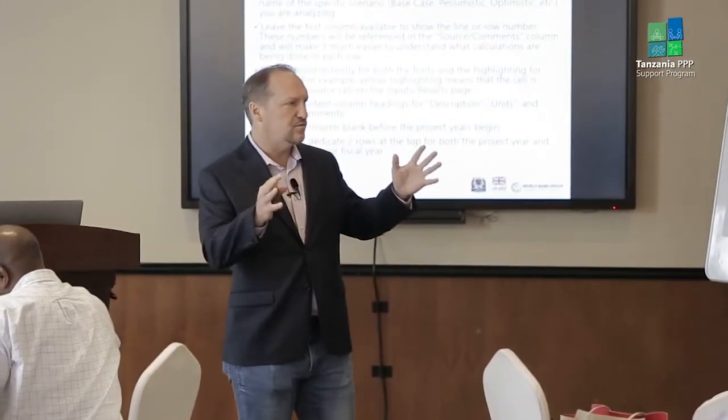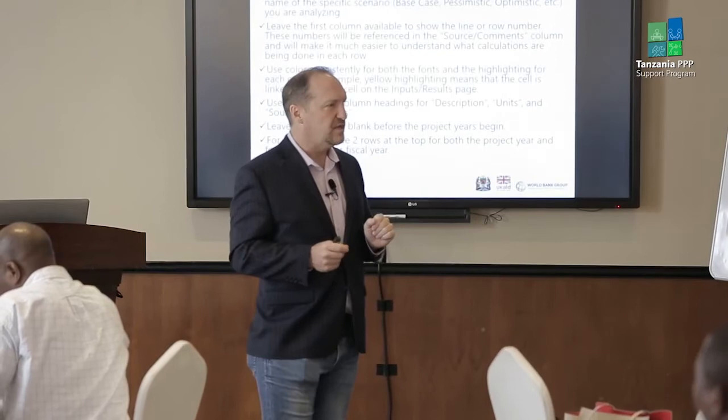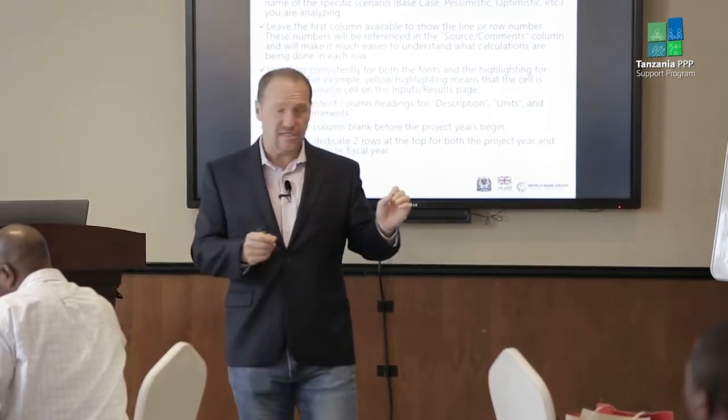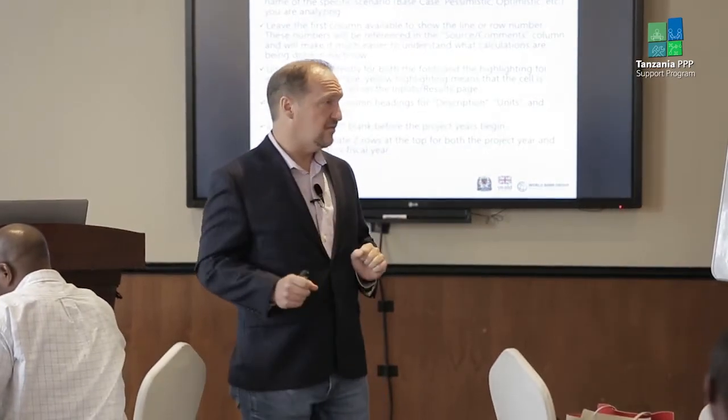I would say also, leave a column blank, as I've tried to do in the model I shared with you, so that you can show the source of the input assumption. Meaning, we saw, for example, I think it was in the marketplace one, where it assumed, I don't know, 85% occupancy. It'd be very nice to know what was the source of that.